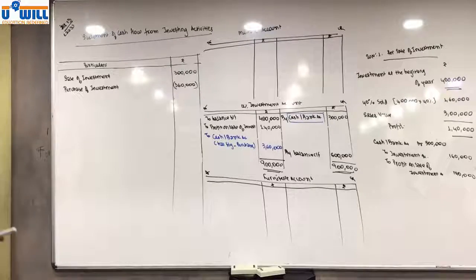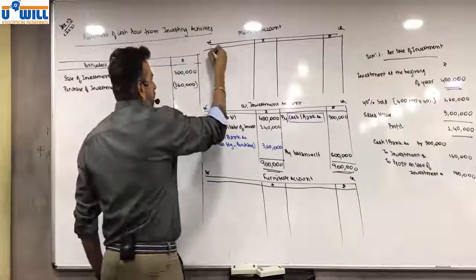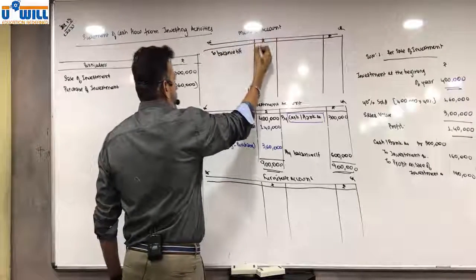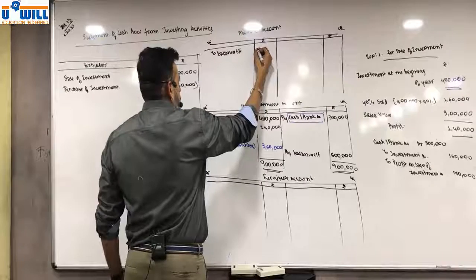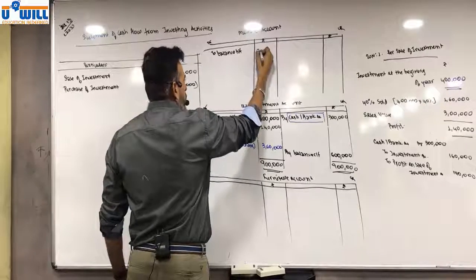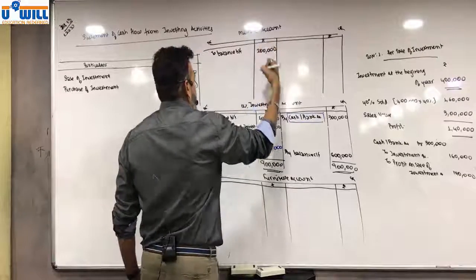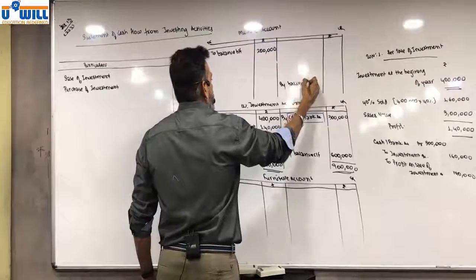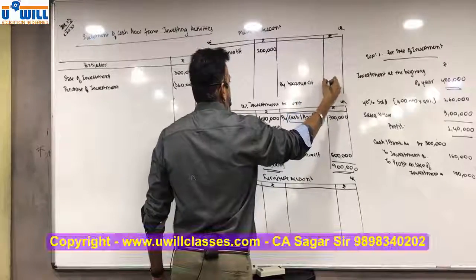Machines. To balance brought forward, what's the opening balance? 4 lakh? 2 lakh. 2 lakh. By balance carried forward 4 lakh.